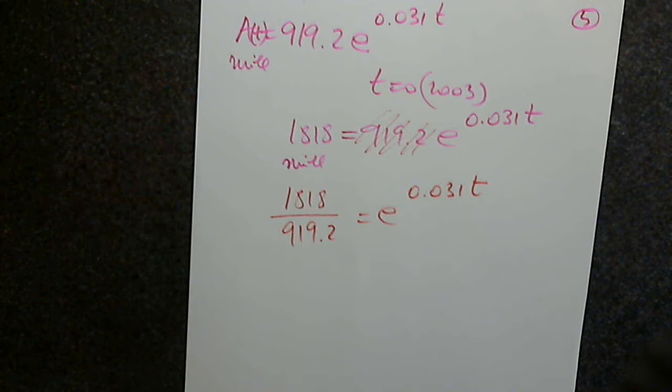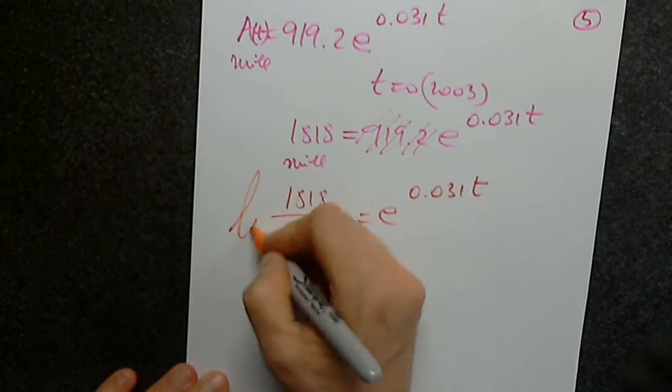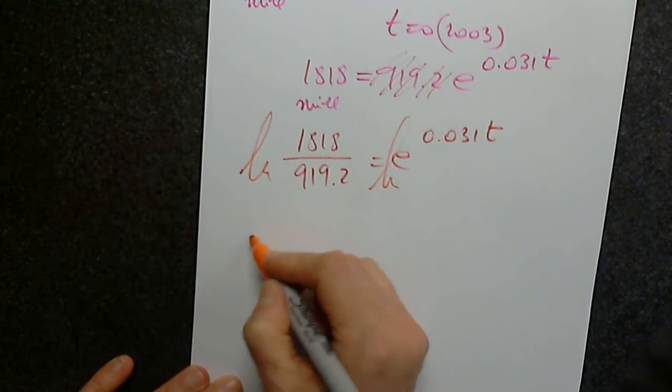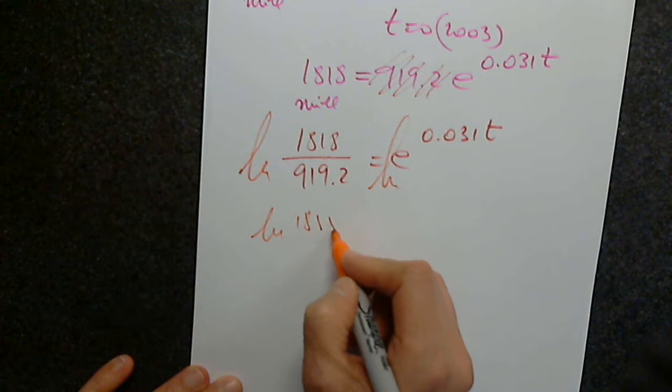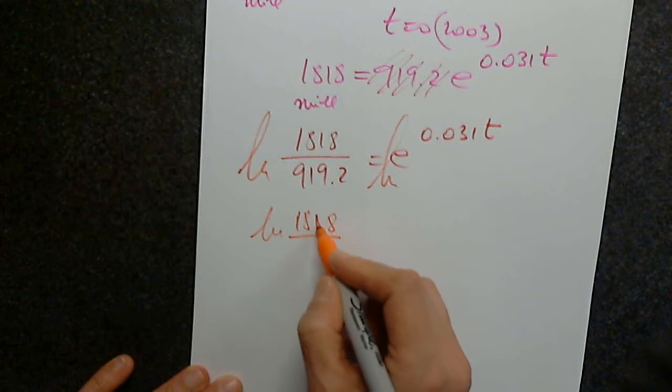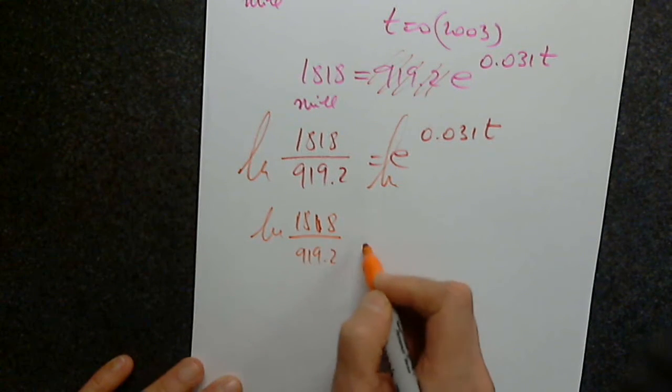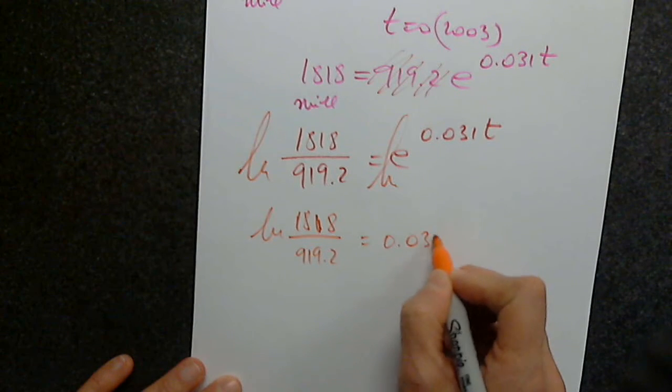And now, it's an exponential equation. I can make the left-hand side and the right-hand side be with the same base. So then the natural log of 1818 divided by 919.2 equals 0.031 t.